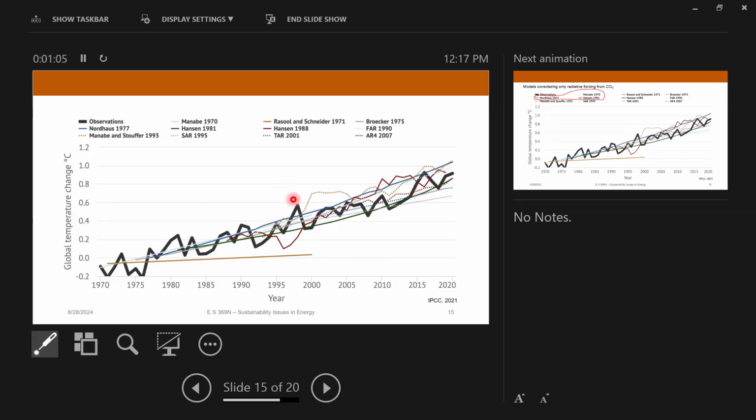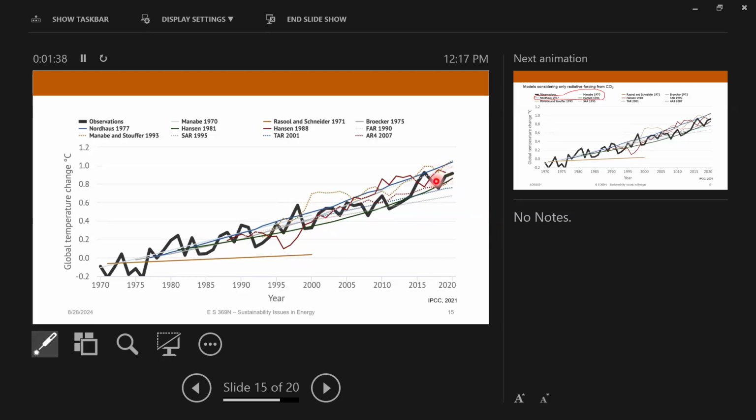And this is a nice chart from the IPCC interim report in 2021. The IPCC is the Intergovernmental Panel on Climate Change. And they just published this compendium of different predictions from models going back to the 1970s. So some of these were published in the 1970s. And then they're just comparing that to the actual observed temperature change since then, going up through 2020.